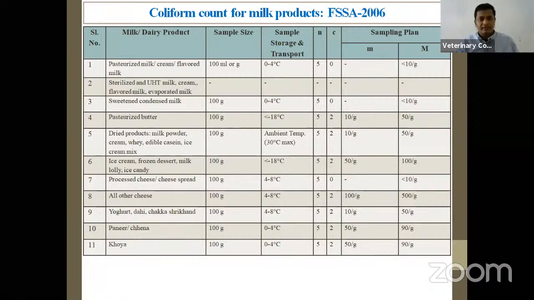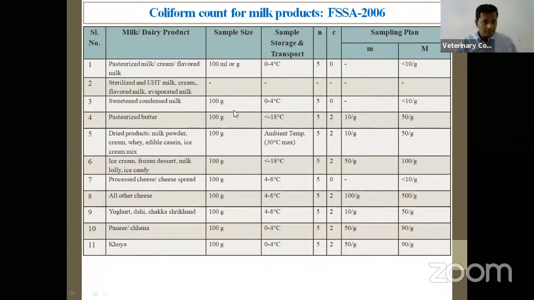For these 11 categories of samples, you have to collect 100 ml or 100 gram of sample, and transport it under frozen or chilled condition. Except for ice cream, which is frozen, and pasteurized butter, the rest are all chilled conditions. Dried dairy products, for a few hours of transport, you can transport at room temperature.